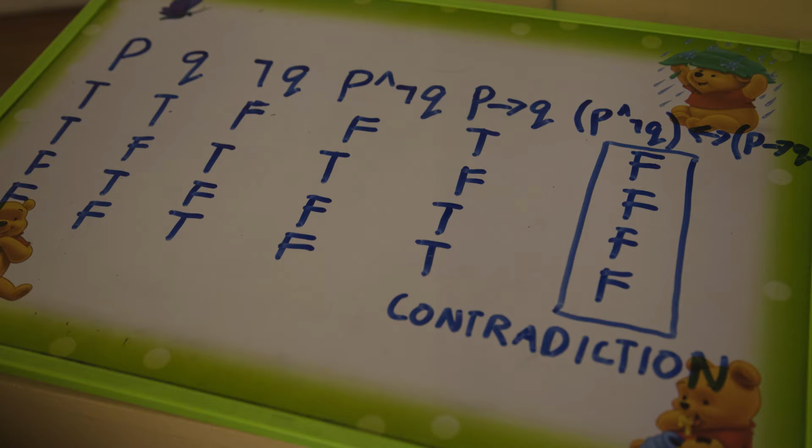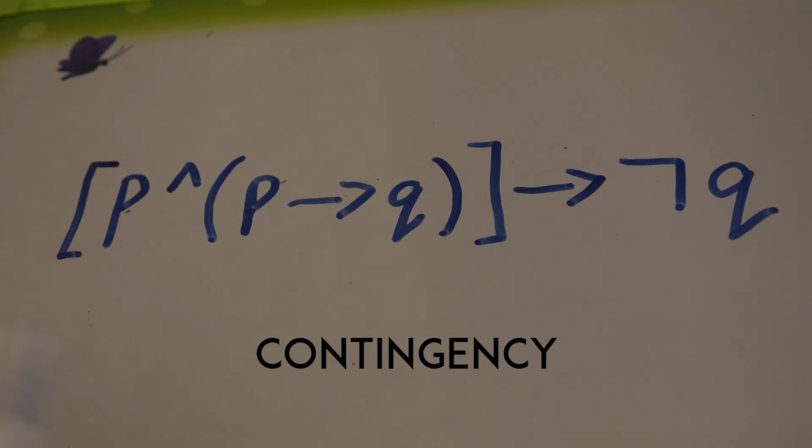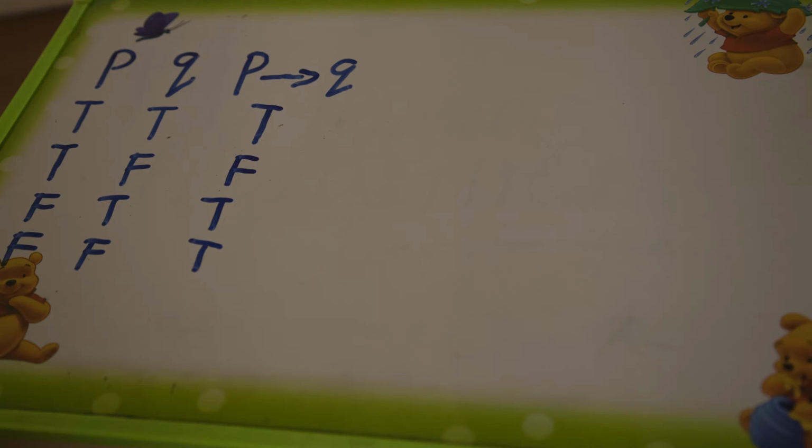Last is the contingency, a compound proposition that is neither always true nor always false. First, we get the proposition inside the parentheses, which is P implies Q, and makes the statement true, false, true, and true.